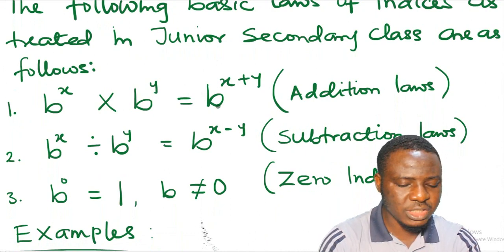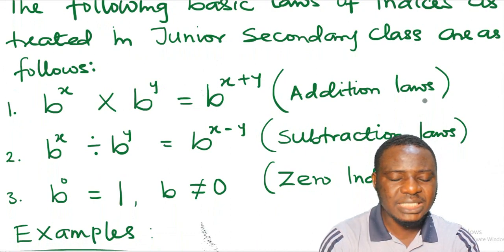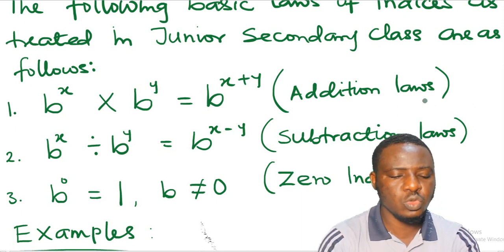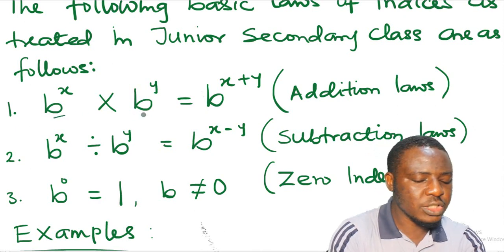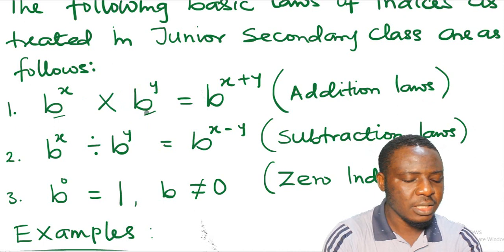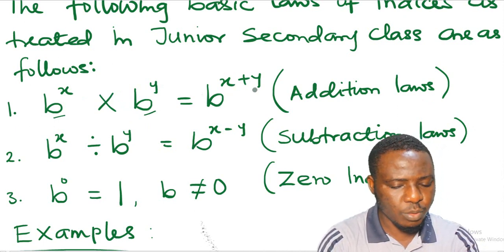The law of indices tells us that it is equal to b raised to the power of x plus y, and we refer to this as the addition law. For this law to hold, the bases must be equal. That is, b raised to the power x times b raised to the power y will give you b raised to the power of x plus y.